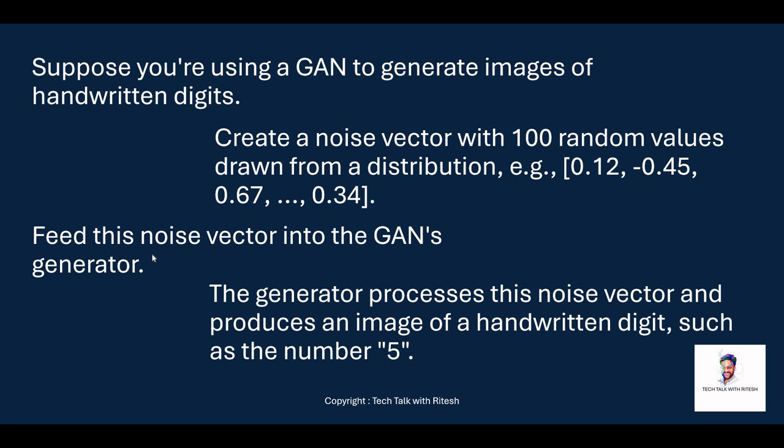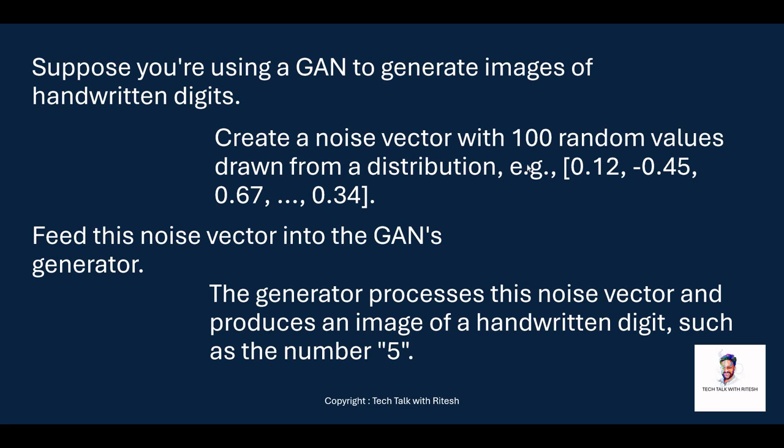And with this information, we feed this noise vector into the GAN's generator. So the GAN will take these numeric values. For example, and it's not actually that way, but I'm just trying to make it more sensible, I have a digit 5. So first, I'm just multiplying. So 5 into 0.12, I will get one data. 5 into minus 0.45, I will get another data, right?